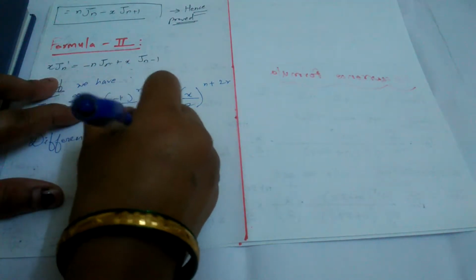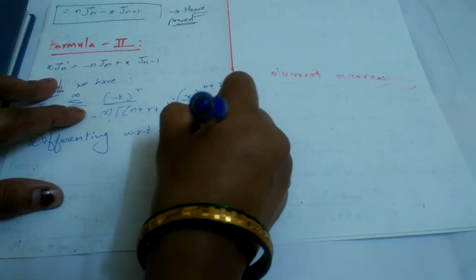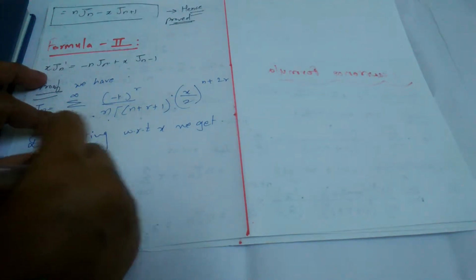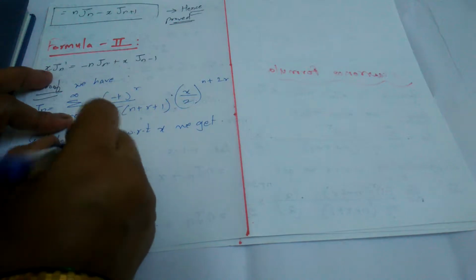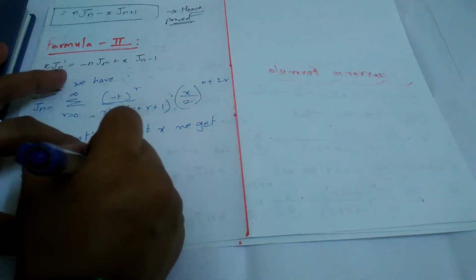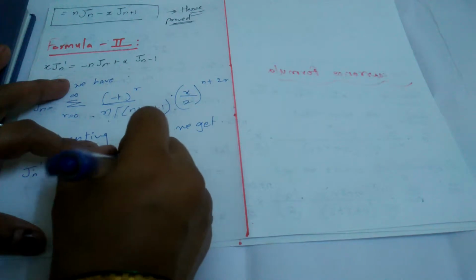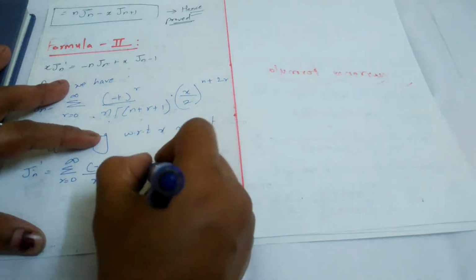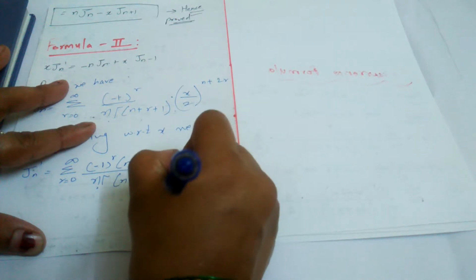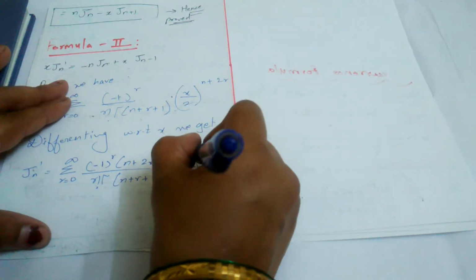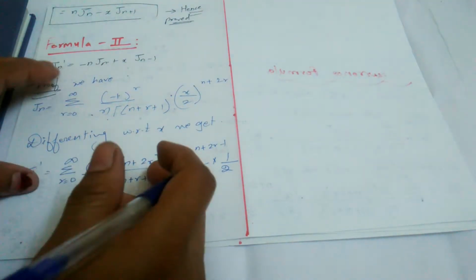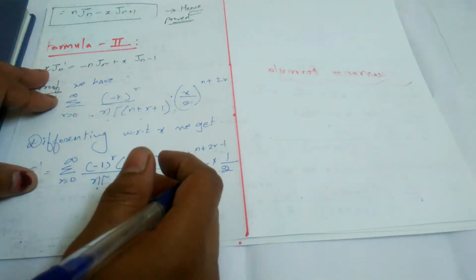So differentiating with respect to x, we get J_n dash equals summation of r equals 0 to infinity, minus 1, same way as we got for the previous one, n plus 2r, divided by r factorial, n plus r plus 1, into (x/2) raised to n plus 2r minus 1 into 1 upon 2. Now again we are multiplying both sides by the x term.